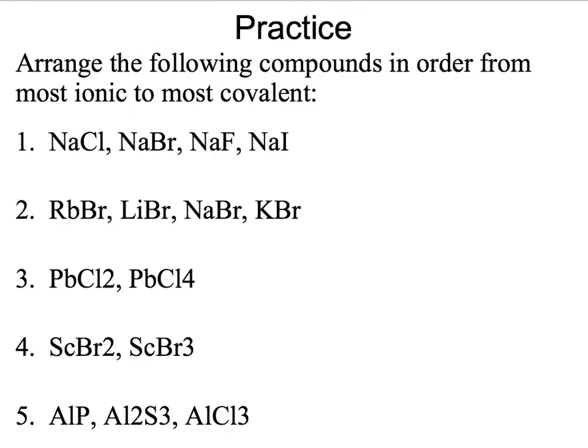Okay, let's take a look at a couple practice problems where we're trying to get an idea of the ionic and covalent nature of these compounds. Once again, most of these will be ionic compounds, but some of the ionic compounds will have a more covalent nature to them, meaning that the electron cloud of the anion is being distorted enough that it's pulled over towards the cation.